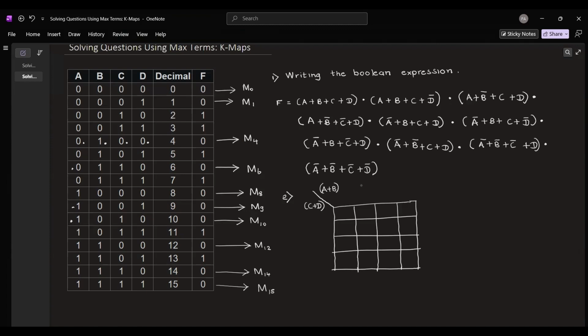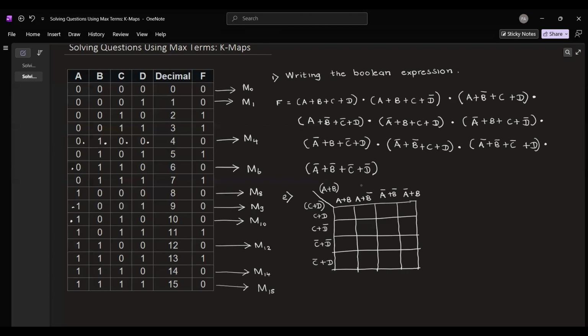Please search in your free time what gray code is. So let me write this down. A plus B, A plus B bar, A bar plus B bar, and finally A bar plus B. Similarly, C plus D, C plus D bar, C bar plus D bar, finally C bar plus D.